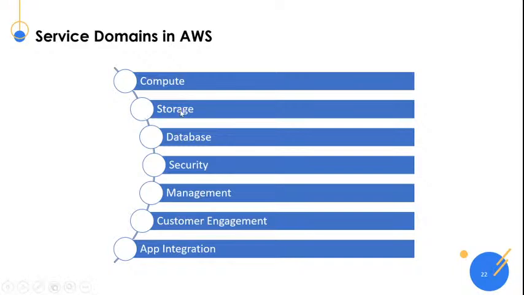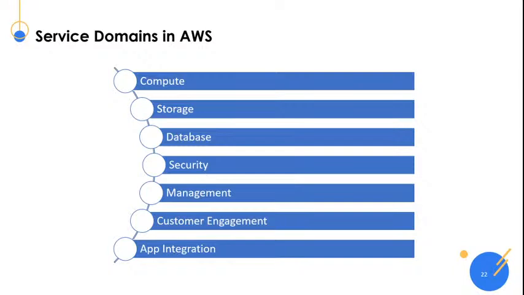Then we have a domain called database. It has a lot of services. If you have structured data, you have one kind of service for that. If you have unstructured data, you have another database service for that, right? Then we have a domain called security.